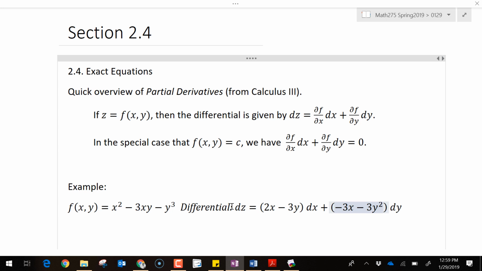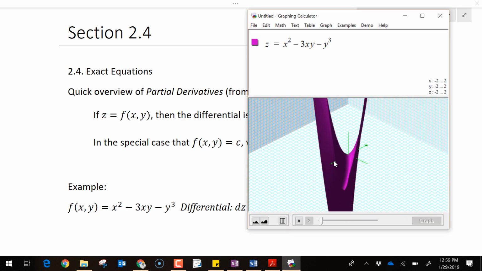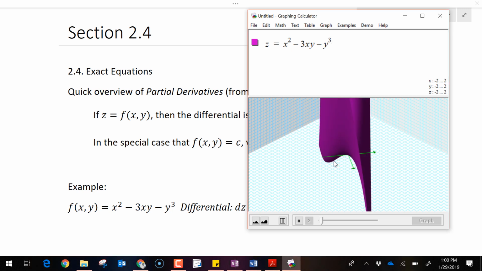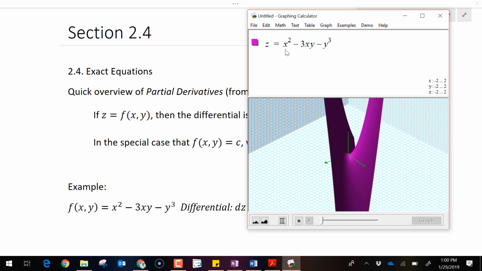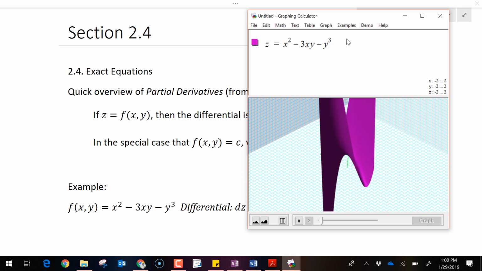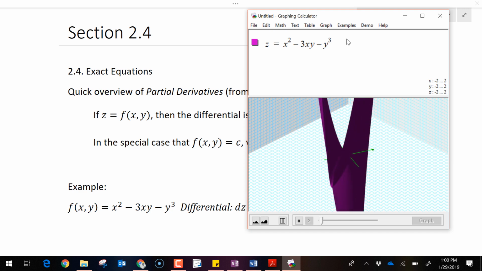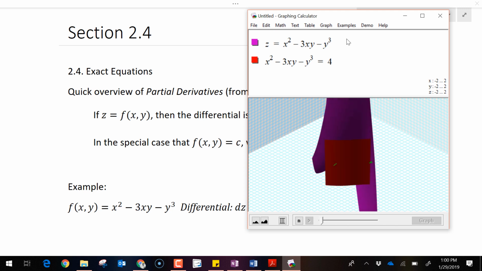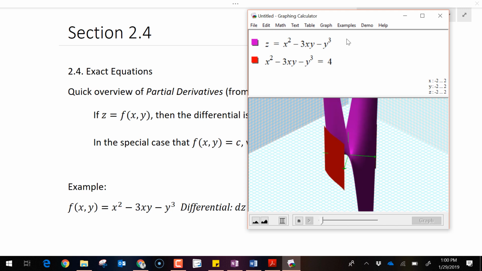What if this thing was actually equal to a constant? So let's go back to our graph. And this is how it would look visualizing it. But now if we take a look at setting this equal to a constant, what is that going to look like? If we do this graphically and say this is equal to a constant, let's say 2, 3, 4, that picture doesn't really help much.